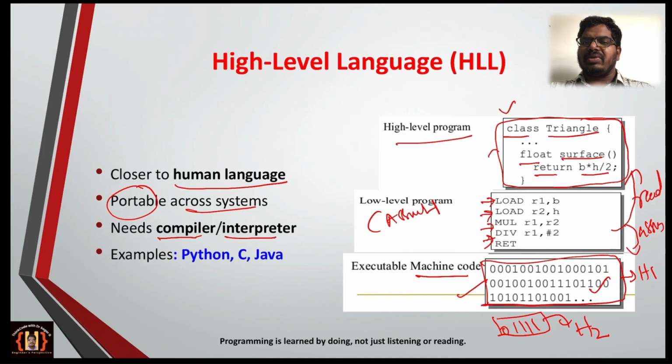We'll see what a compiler, an interpreter, and an assembler mean in forthcoming classes. Examples of high level languages are C, Python, Java, and whatever language we learn, like Python and so on.